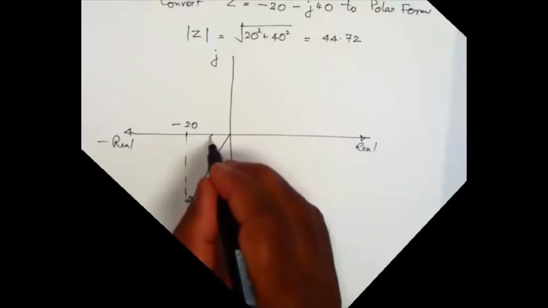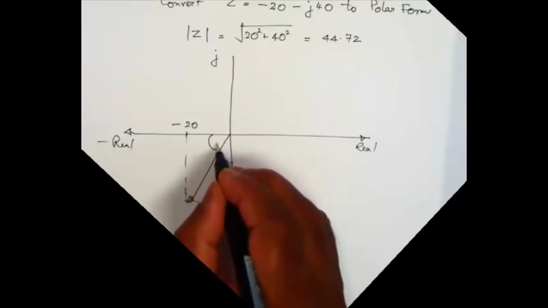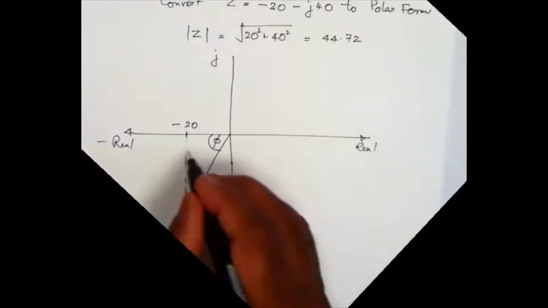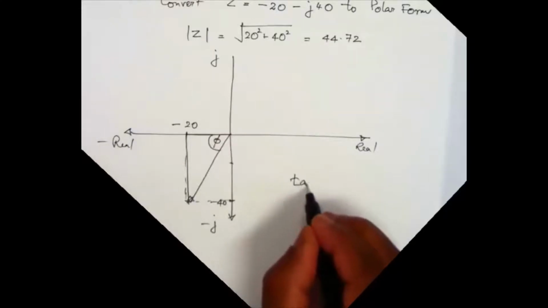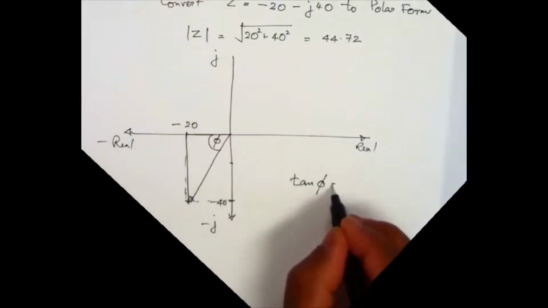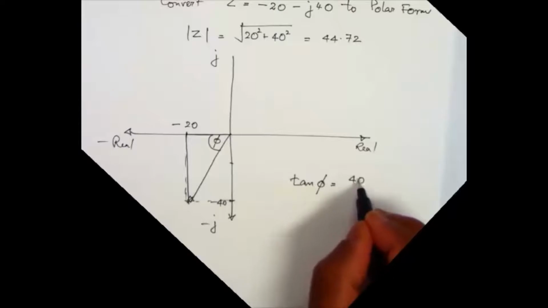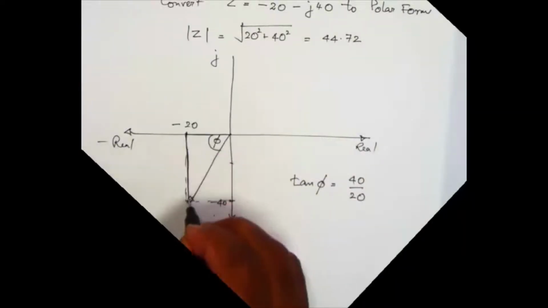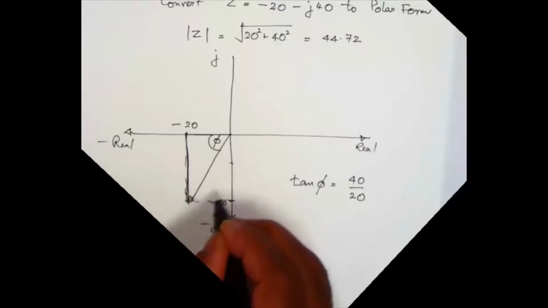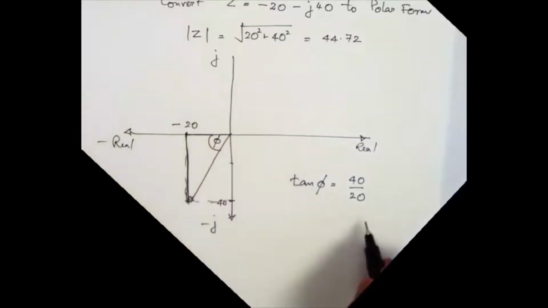and let's take this angle as say phi, and we know tan phi is this side upon that side, so tan phi is equal to 40 over 20 because this side is 40 and that side is 20.